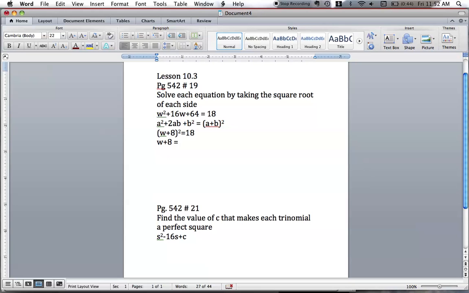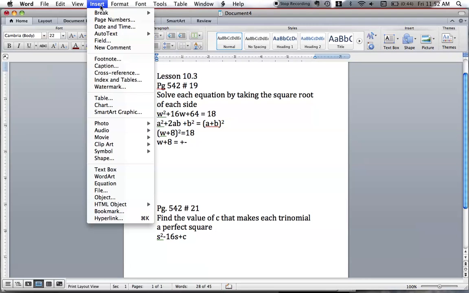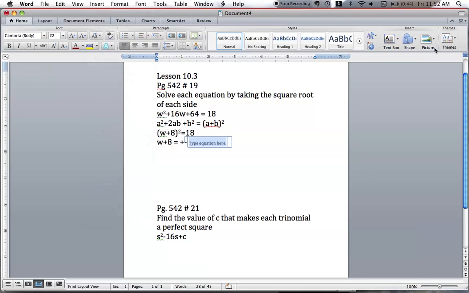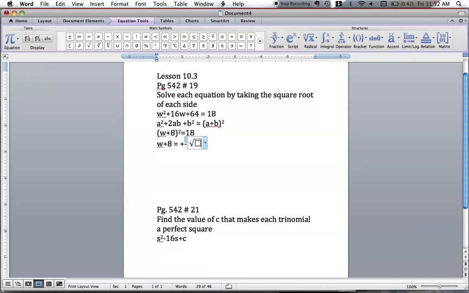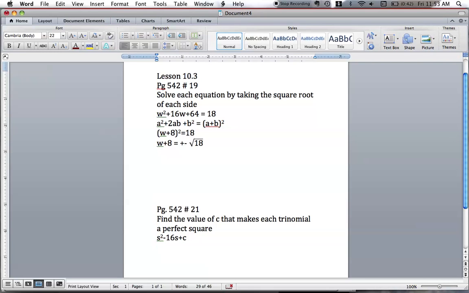We take the square root of 18, and we get plus or minus the square root of 18. I don't know a good way of writing that in this Word document, let me just insert the square root, bear with me. That plus and minus we put in there because the square root of 18 could be a positive number or a negative number.